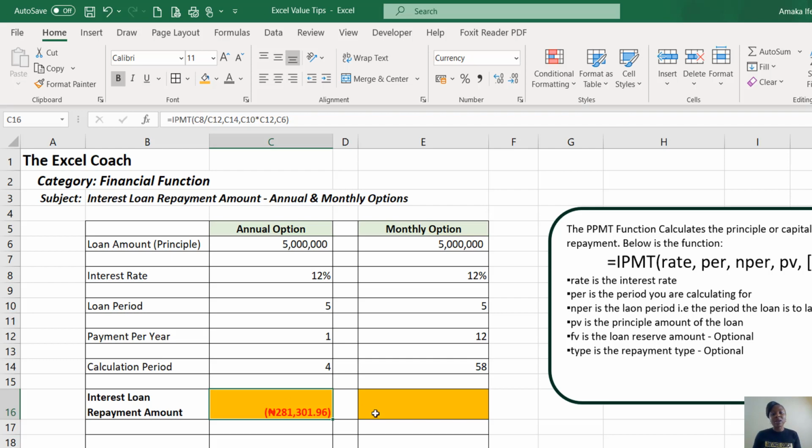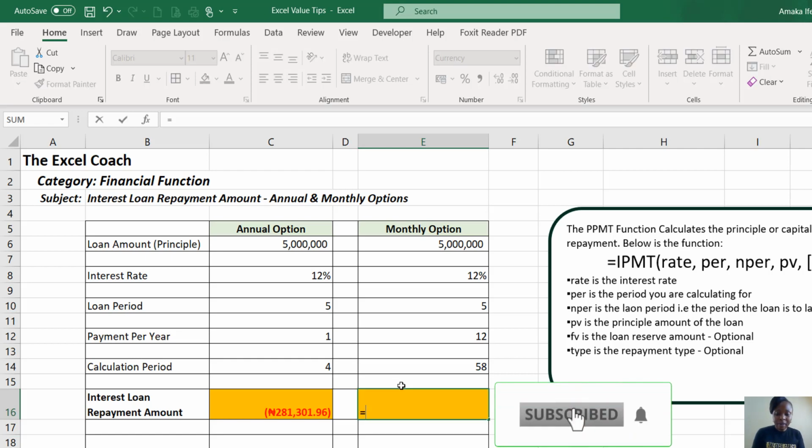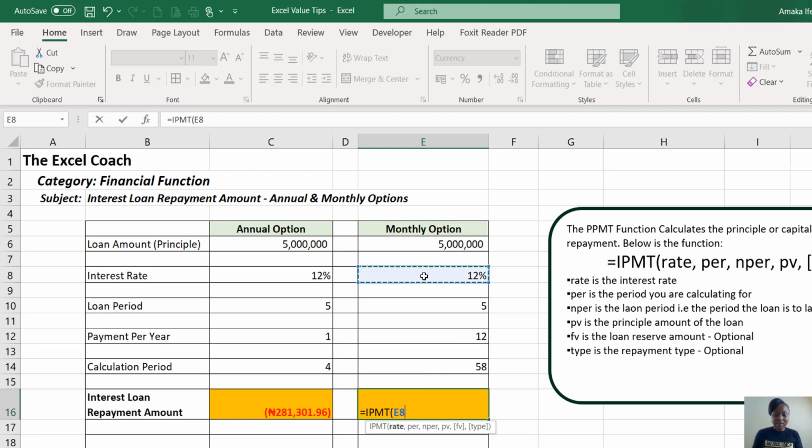Right? So let's also compute for the monthly option using the IPMT function. Our rate is this divided by the number of times we are paying in a year, which is 12. Our period, we want to calculate for the 58th month. I explained that earlier. And what is the loan period?